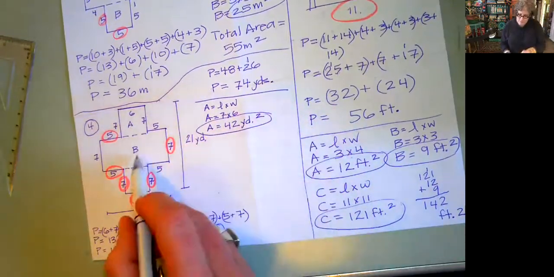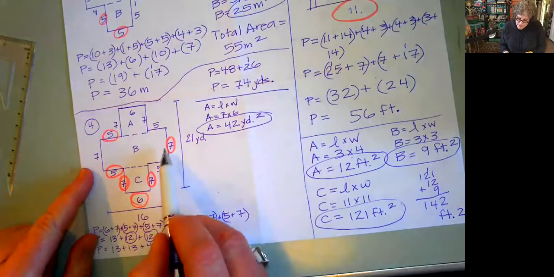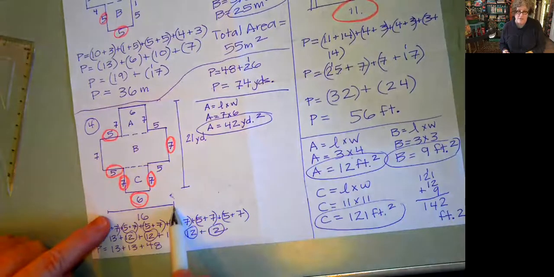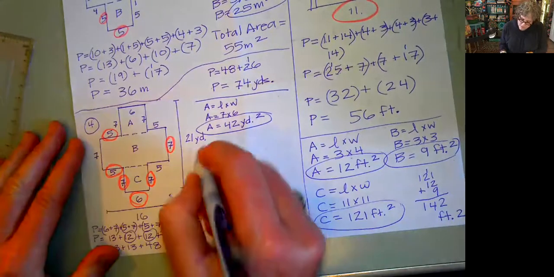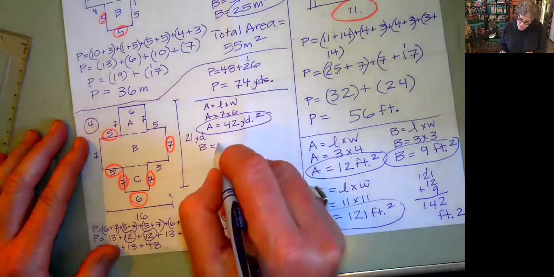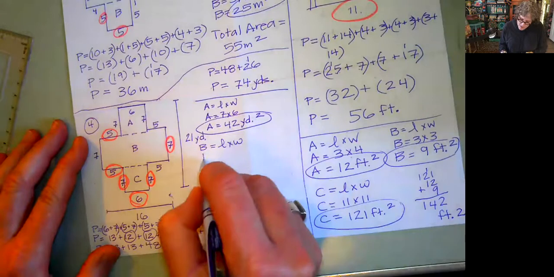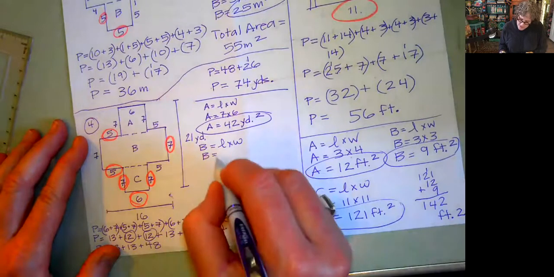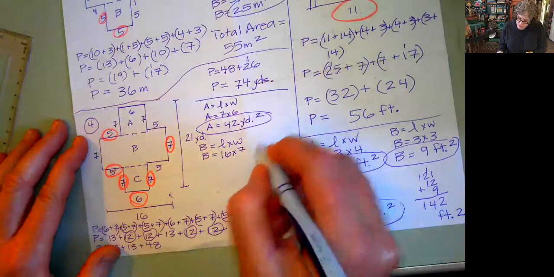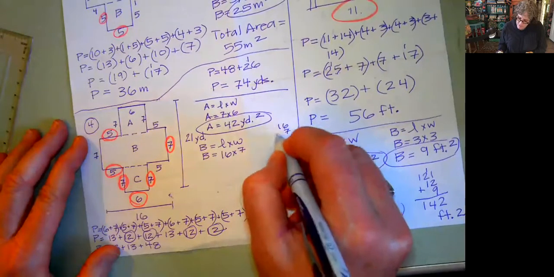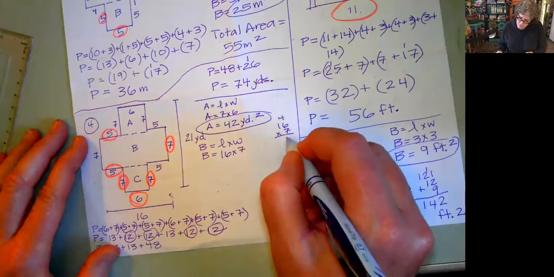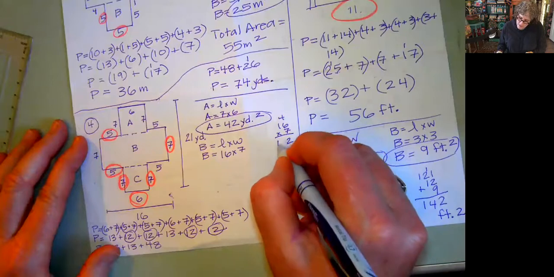Let's find B. B, we have 7. And then we have 16 was the total length, right? So we're going to do B equals length times width. B equals 16 times 7. 7 plus 4 is 11.